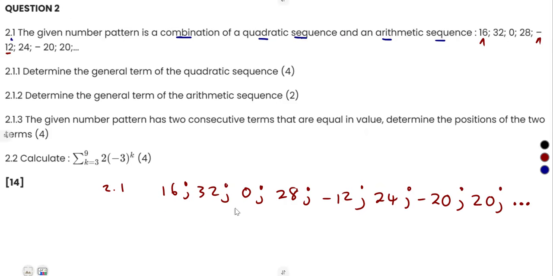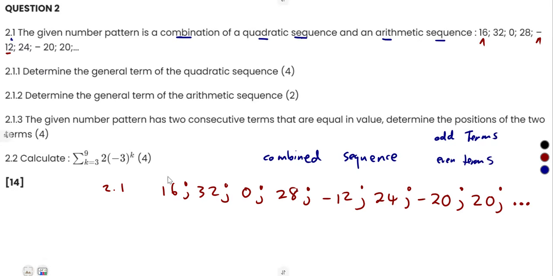But what we know is that whenever you are dealing with a combined sequence, the odd terms form their own sequence and the even terms form their own sequence.